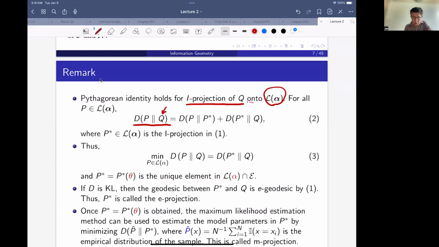We search over all P in this space, and basically the projection appears when this is in the geodesic. So this one is indeed this intersection of the L alpha and E.